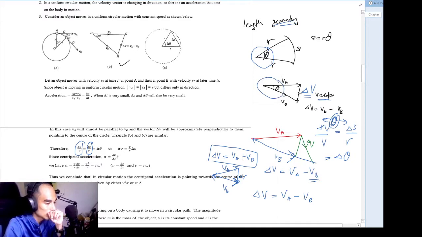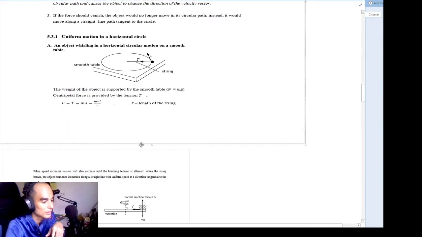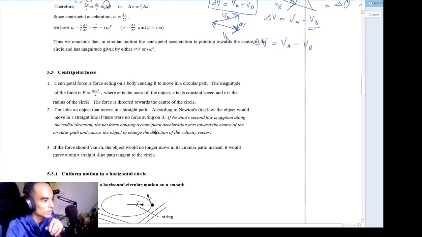Okay. So since centripetal acceleration A equals, oh, this is, I think, hard for you to see. Make it bigger. Okay.